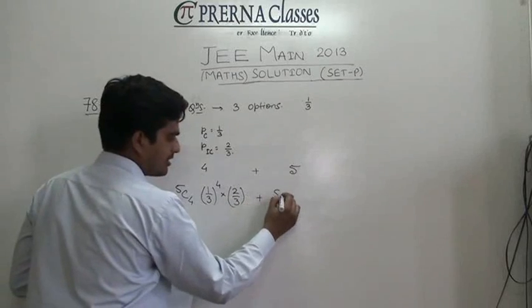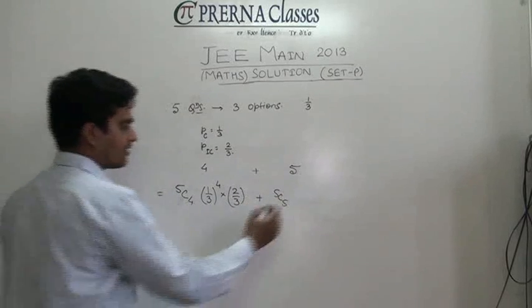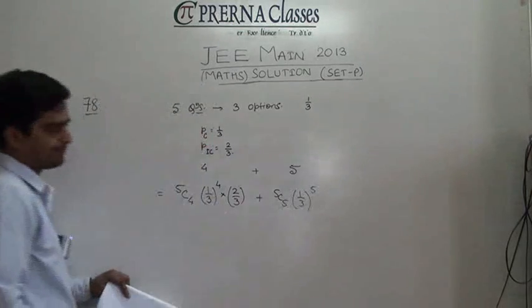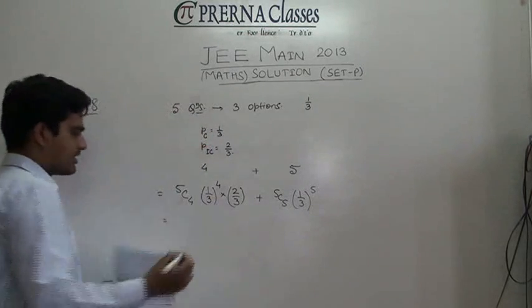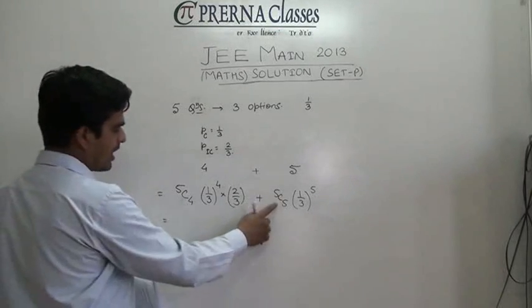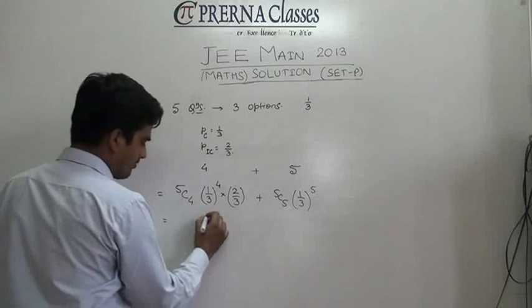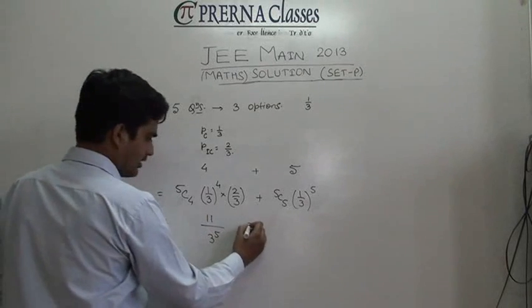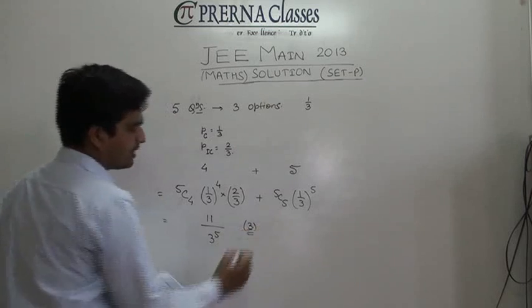And if he is guessing all the problems correctly, then the probability of that case is going to be this much only, which you can clearly check is going to match with 5c4 is 5 and this is 1. So you have 5 plus 1, that is 11 by 3 to the power 5, which is the third option in that paper.